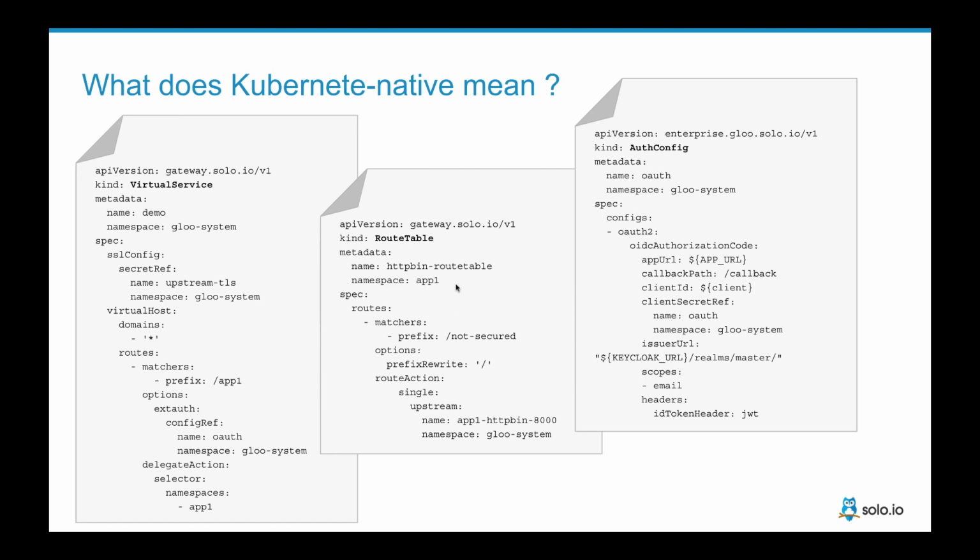Then the application team can manage all the different paths, like they can have different routes for different microservices and so on. And then you can use an external object to define the way you want to authenticate the user. And you see here we have a simple example with OAuth 2. We will go through that in the demo, but you can also chain together multiple steps in the auth config, and we will also see that at the end.